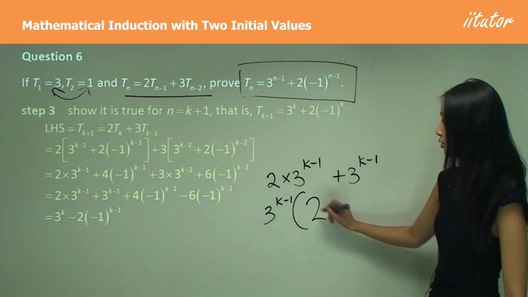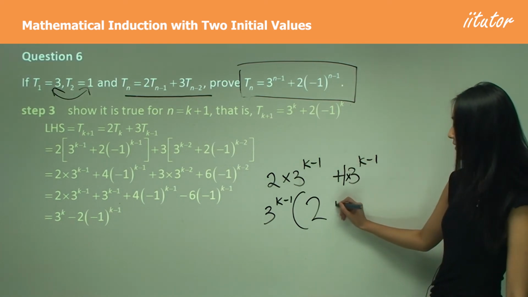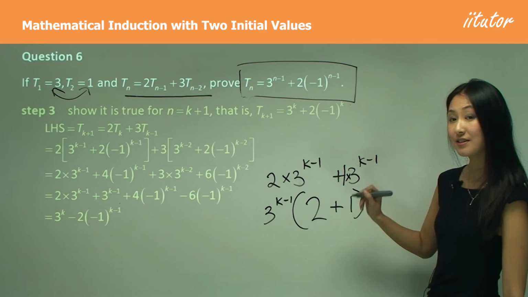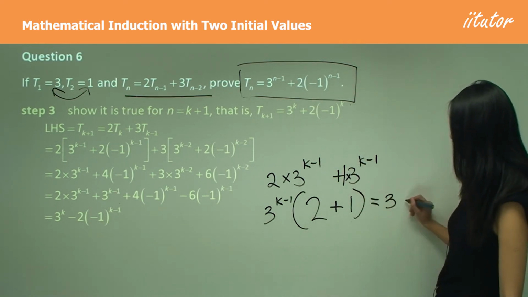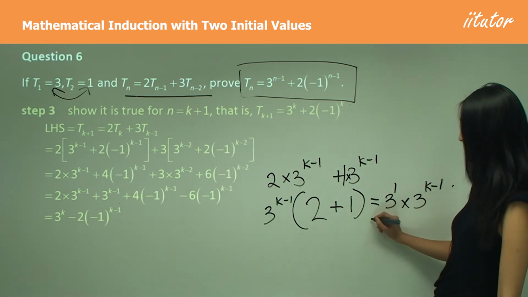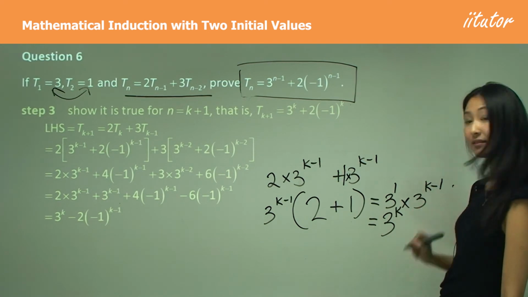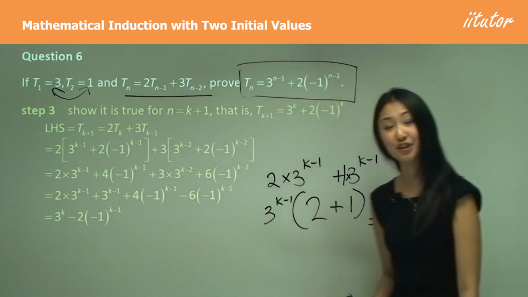That leaves me with 2 for that one. And this has a 1 in front, doesn't it? So that leaves me with 1 there. So that essentially leaves me with 3 times 3 to the k minus 1. So the indices add together to give me 3 to the k, right? So that's how I get the 3 to the k from those two terms over there.